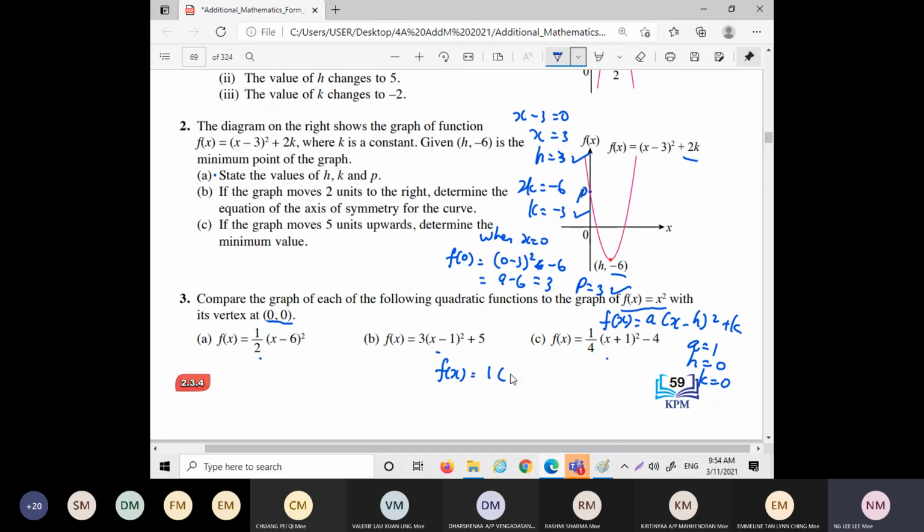A is 1, H is 0, and K is 0. So x minus 0 is x, so it's x squared, times 1, so it's x squared, plus 0, so it's still x squared. Therefore, f(x) equals x squared actually means A equals 1, H equals 0, and K equals 0. Then you can compare with this A, B, and C.